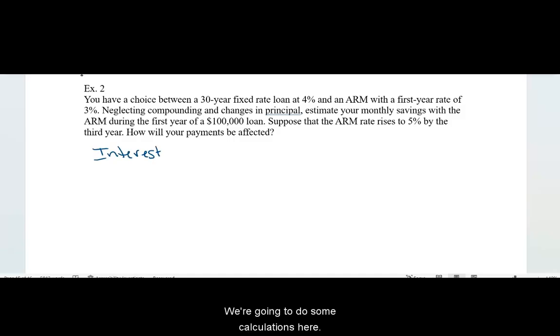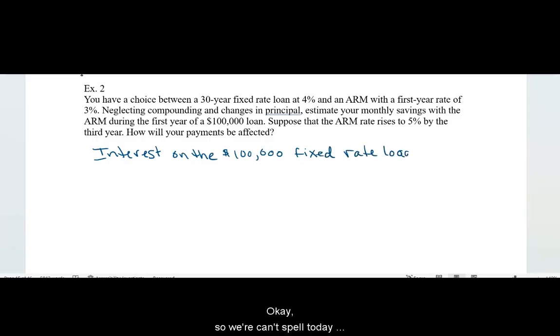I'm going to do some calculations here. So the interest on the $100,000 fixed rate loan during the first year, because this is at 4%, right?